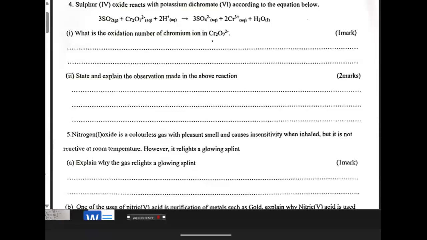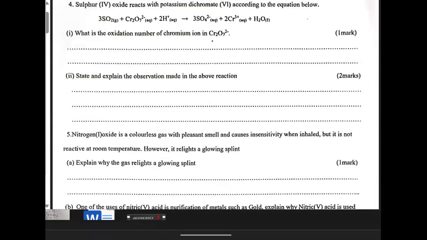What is the oxidation number of the chromium ion in Cr2O7 2 negative? That question we can answer literally by saying we know that potassium dichromate 6, the name is given from the oxidation number. So directly, even if you have not studied oxidation numbers, you can just say plus 6 because it is called dichromate 6.